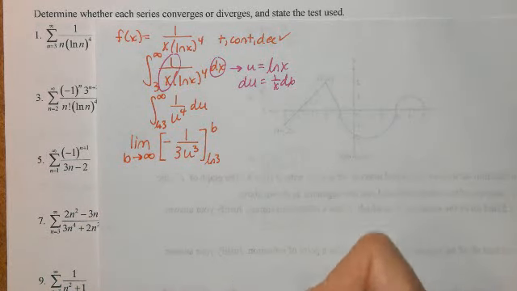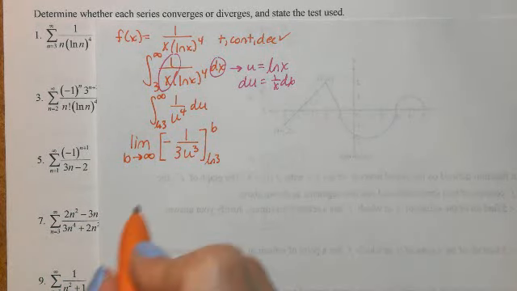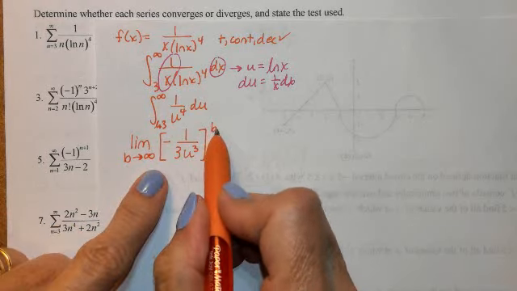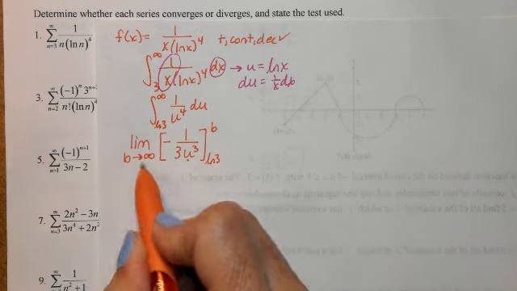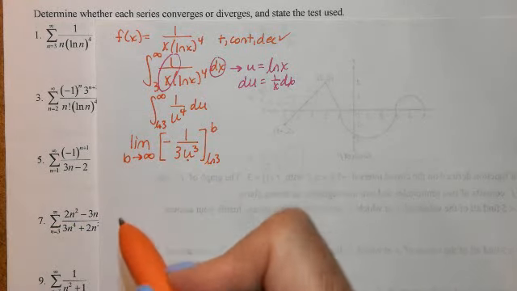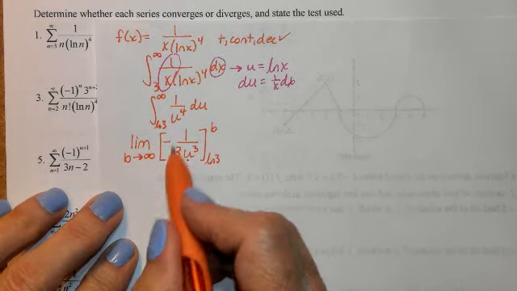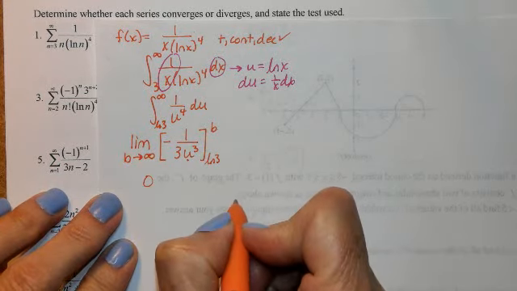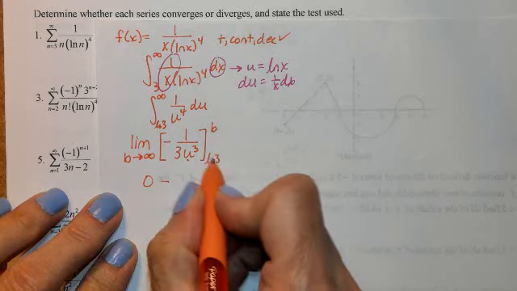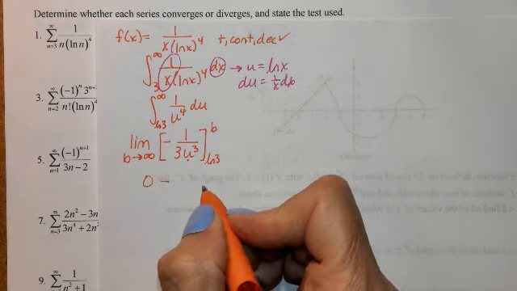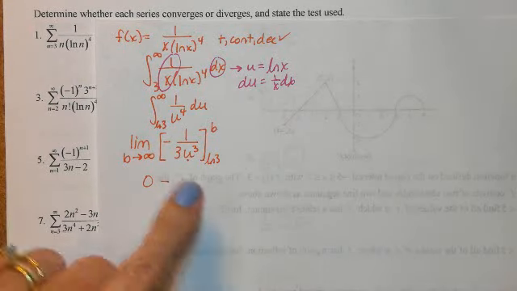Now put b in for u and let b go to infinity. And when we do that, we get 0. Minus, now put ln of 3 in for u.